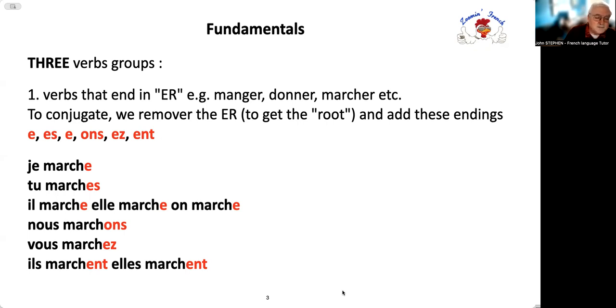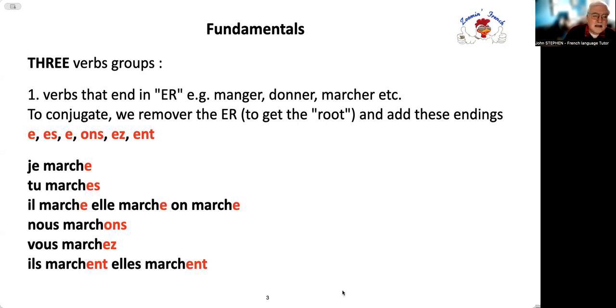Then nous, which means we, vous, meaning you, either you plural or you in a more formal sense, somebody you may not know, for example, very well. And then ils, meaning they, masculine plural, and elles, feminine plural. So elles marchent means they walk. Let's say a group of ladies.